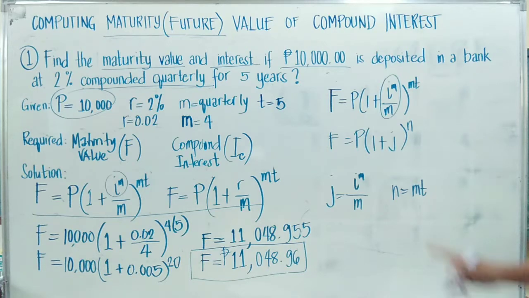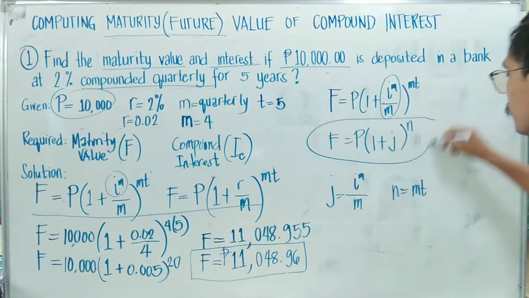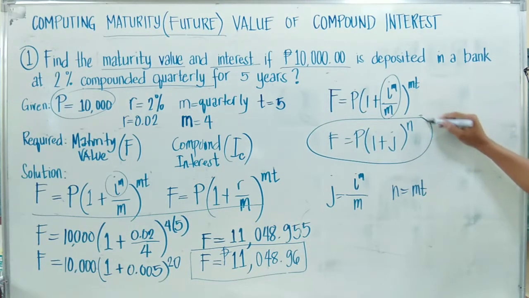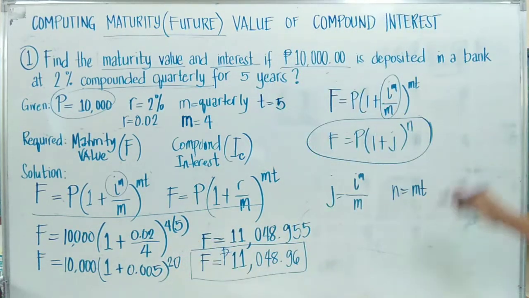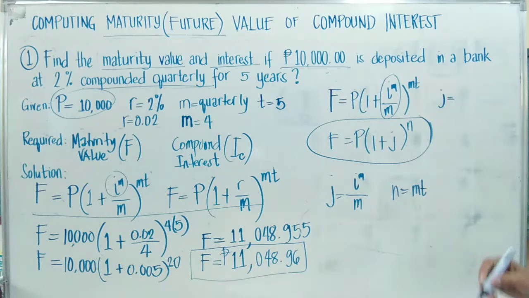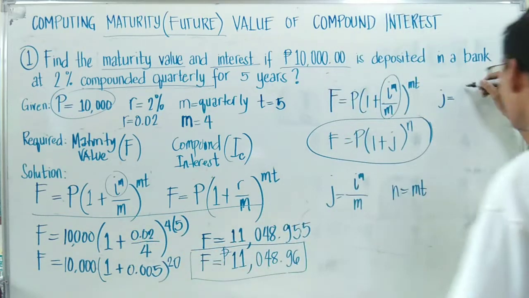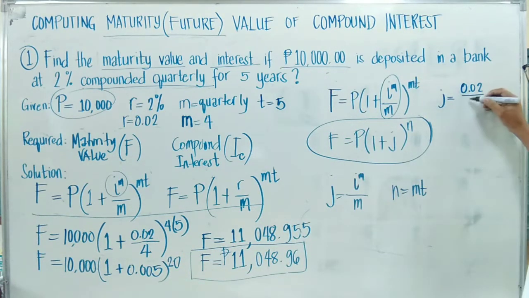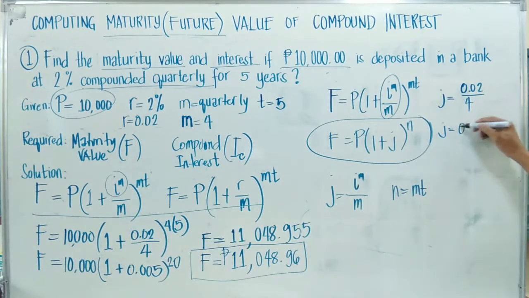So it's either this formula. Before we substitute, just like in this step, first you can solve your J. So J in there is I raised to m over m. So J is 0.02 divided by 4, and J is equal to 0.005.